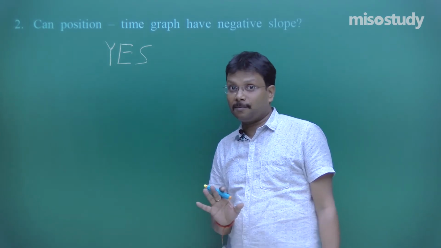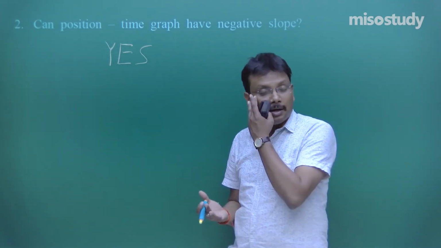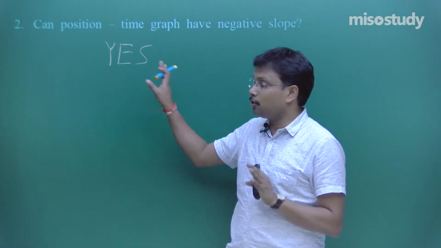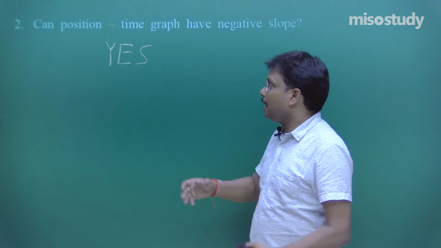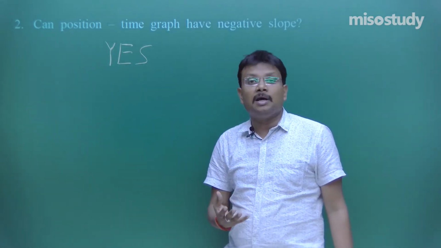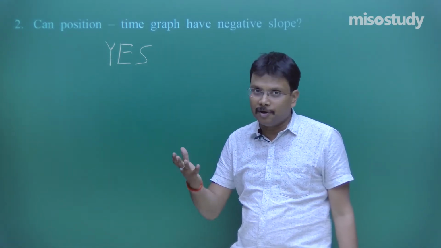Now I have to explain the reason also, for your understanding, but you need not mention it in the exam. All these questions are based upon the theory which we already provided you in various videos.